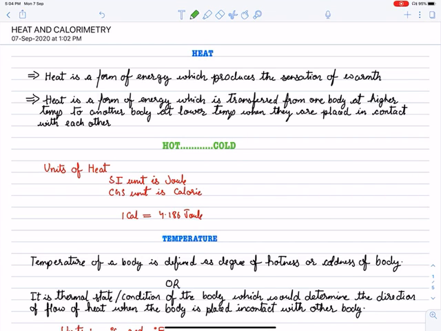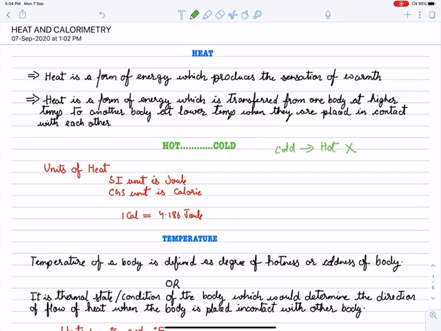It will never flow from cold to hot. Cold to hot is never possible. This is forbidden. It doesn't take place in nature. So if you have to remember what is heat, heat flows from hot to cold when the two bodies are placed in contact with each other. This is the basic definition of heat which you can remember.